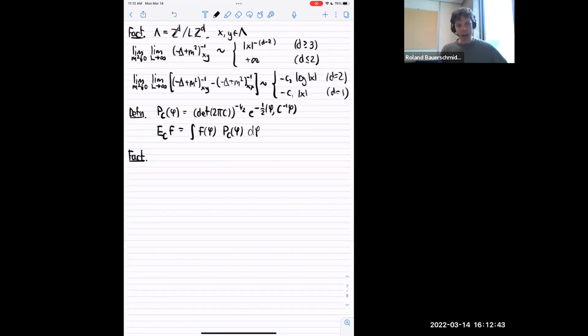Now, there is another fact: if you have two Gaussian measures and you convolve them, you obtain another Gaussian measure, and the new Gaussian measure has a covariance which is the sum of the two covariances.